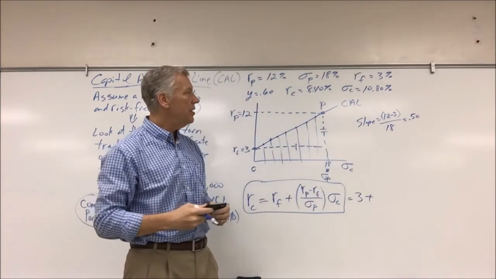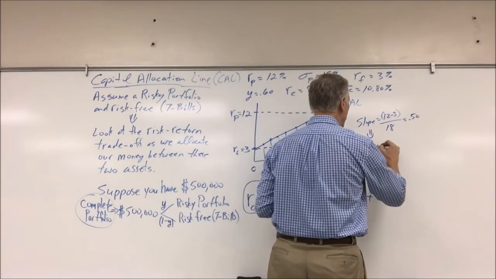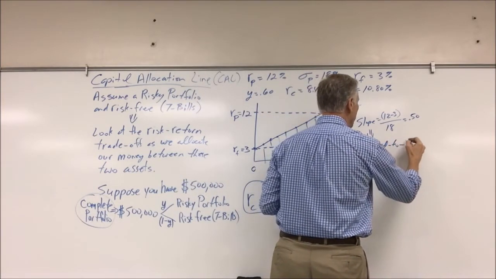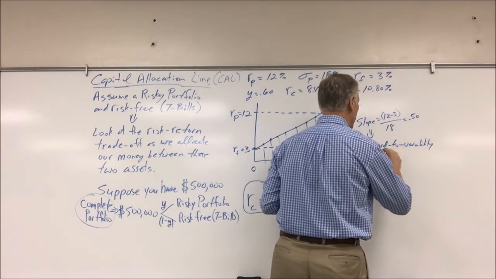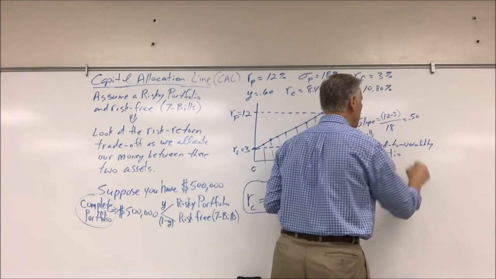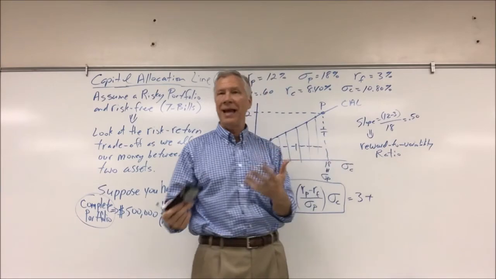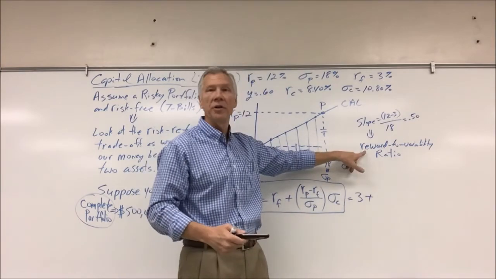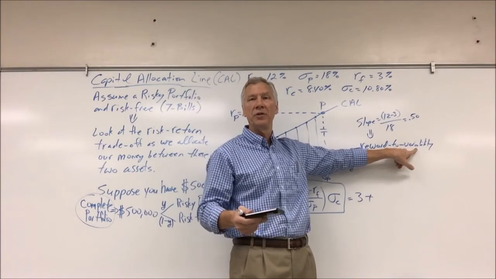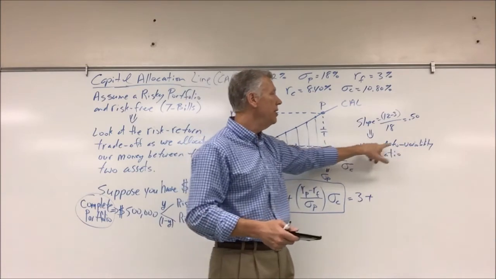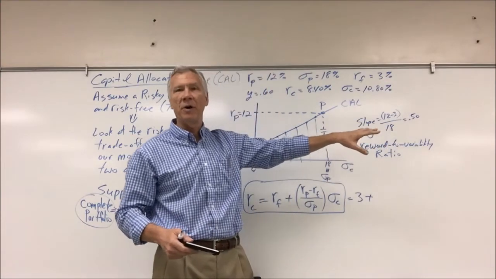This slope right here is referred to as the reward to variability ratio. What is that? What is the reward? The reward is your rate of return. What's the variability? The variability is your risk. This is a reward to risk ratio. So what does the 0.50 mean here?